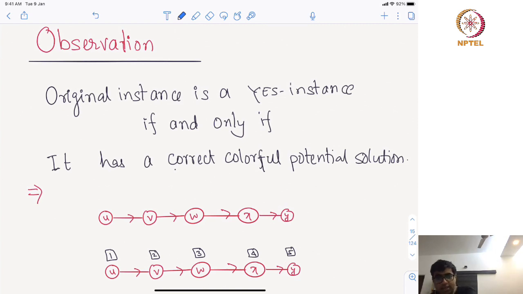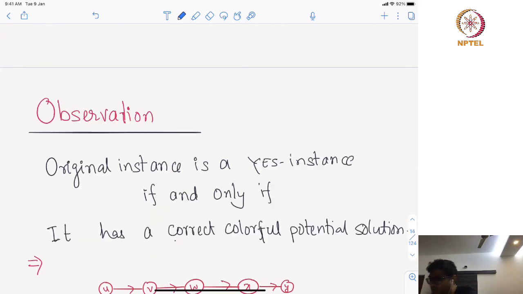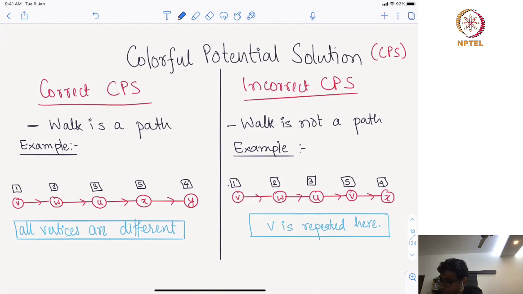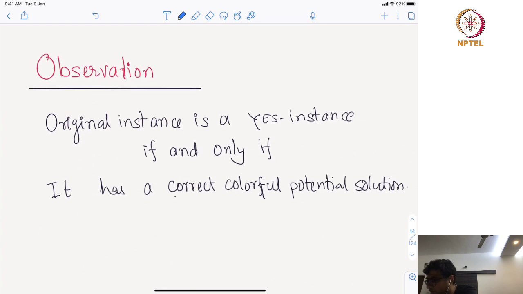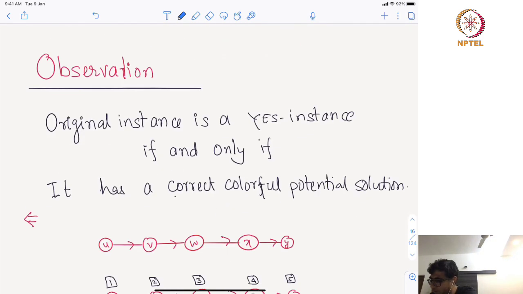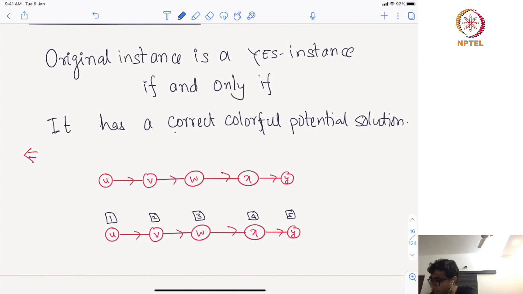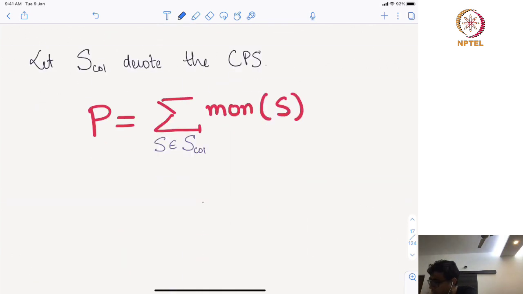And if you have a colorful potential solution, then you know that you are talking about a K path. This is a very simple observation, but a useful one to have. If you have a colorful potential solution, just forget the colors, and what you are left with is a K path.